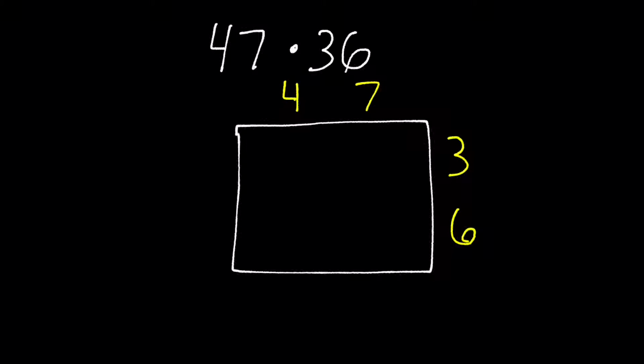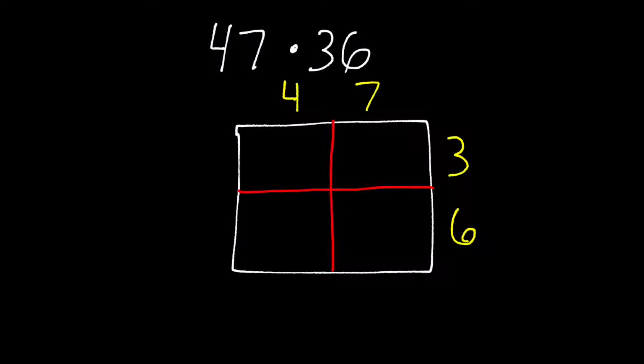Now before, we just would split it into two boxes, separating our place values, the ones and the tens. But now we've got different place values over here. So we actually have to split the box this way as well. So instead of having two rectangles, now we have four.